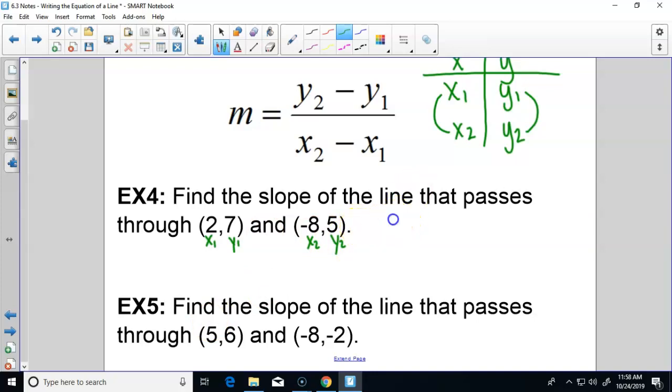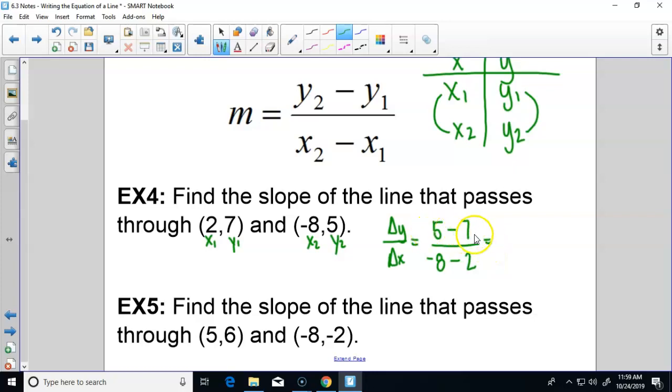So I've got to do change in y over change in x. To do that, I would subtract my y's. Take the second one, which is 5, and subtract the first one, which is 7, over, and for my change in x, I've got x2, which is my second x, negative 8, minus my x1, which is 2 here.